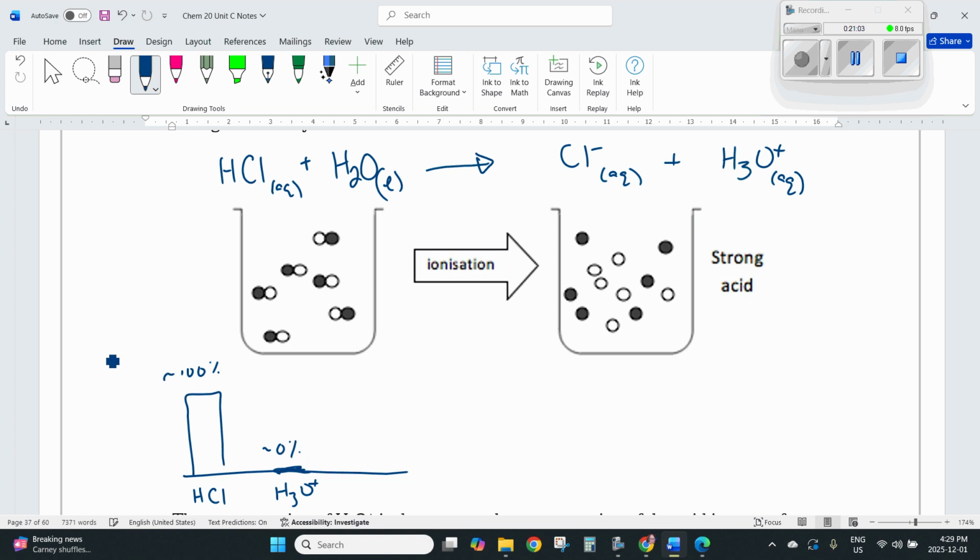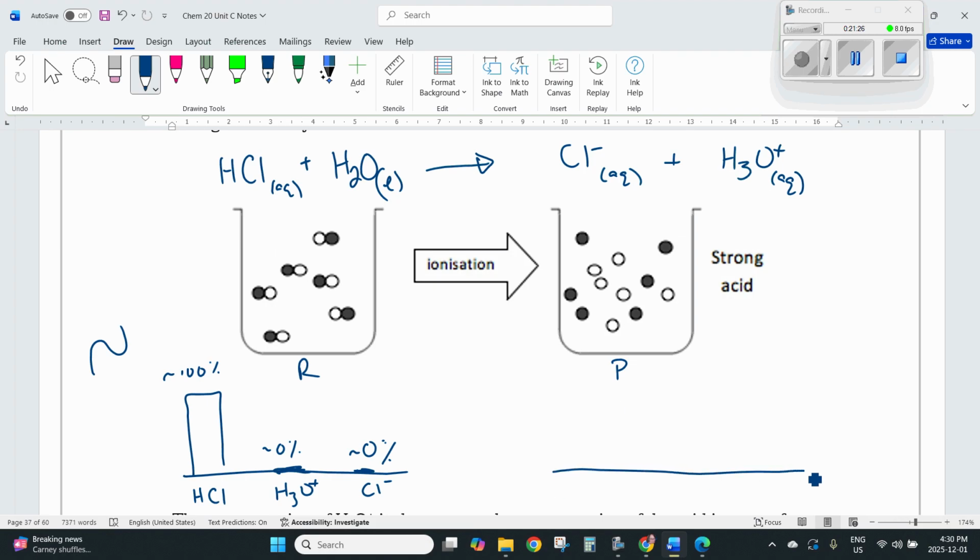The symbol you're seeing here means about or around. And then your Cl minus is again at roughly 0%. So this is your reactants, and this is your products.